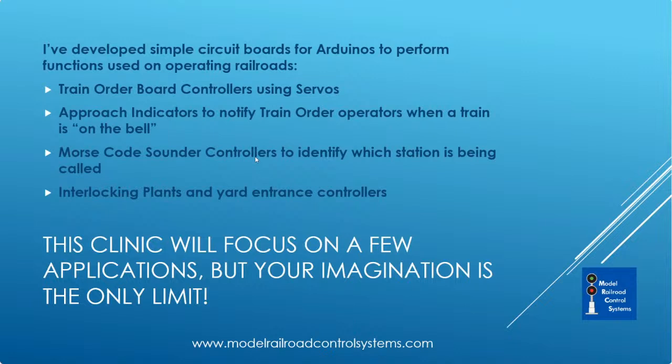We have a Morse code sounder controller for our telephone systems, so that instead of every station buzzing the same, each station rings or buzzes with its telegraph call sign in railroad Morse. And it only plays one at a time, so there's no confusion as to which one is ringing or being called. All kinds of interesting interlocking plant and yard entrance controllers.